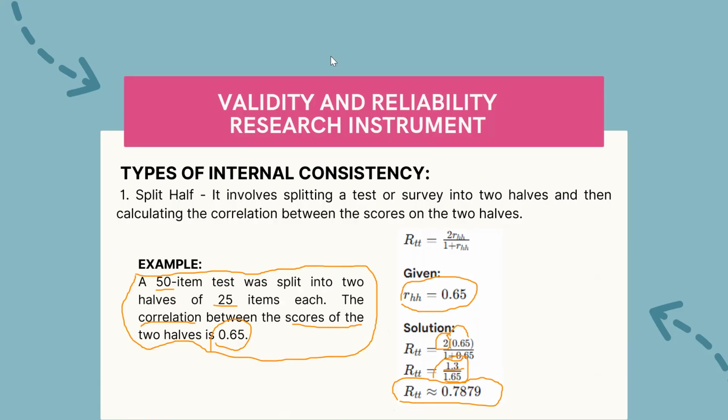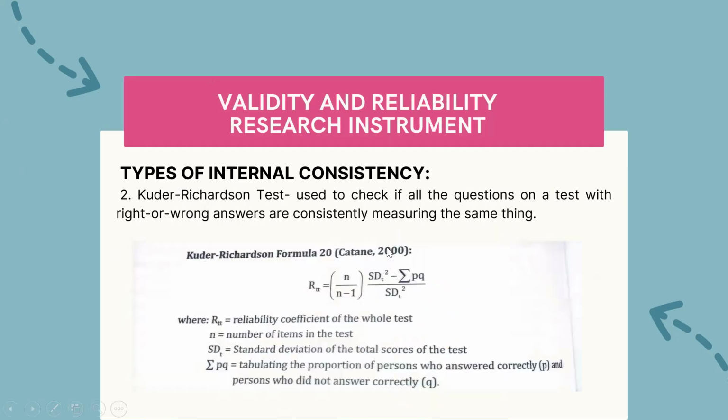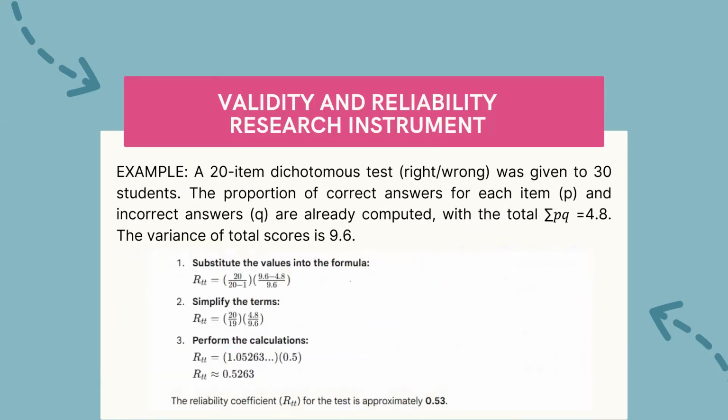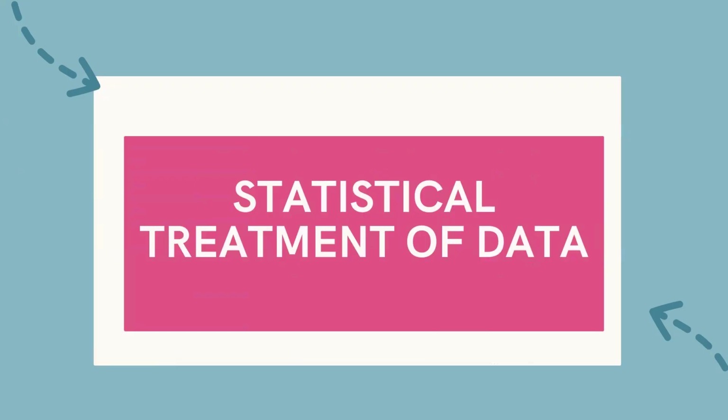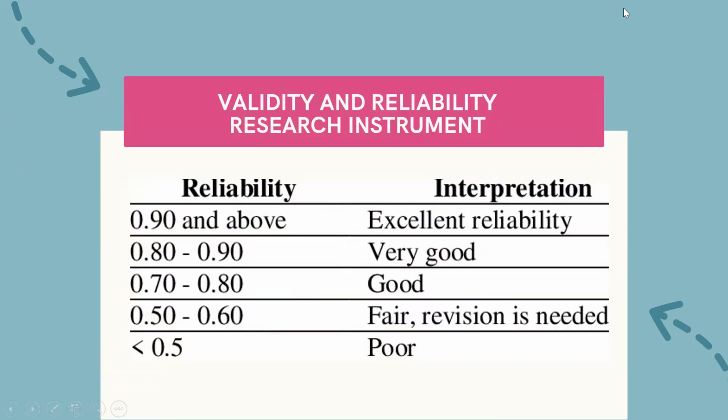So we do have what we call the table for interpreting our reliability test. I think the table is next here. Before dealing with the table, we will first look at this one. A while ago, we got 0.7 and so on.